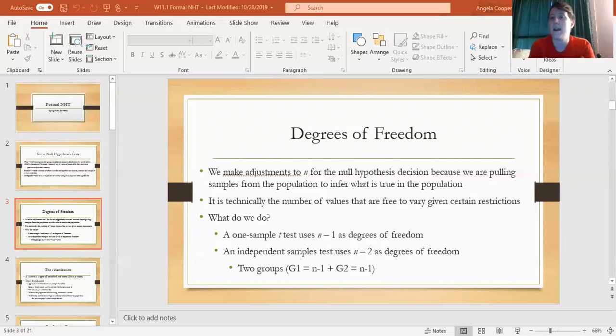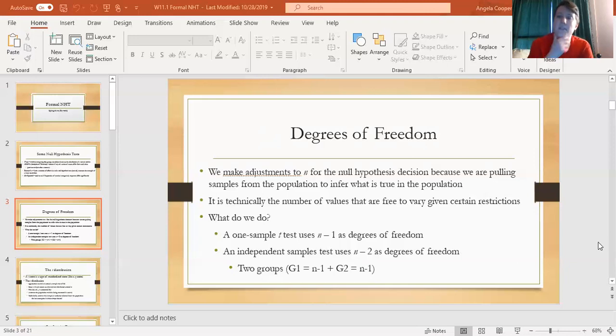So most of the time, if not all the time, we're using degrees of freedom when we're using t-tests and ANOVA. It's essentially just accounting for what we don't know. Again, we're taking samples and we're inferring them to the population. Even when we have a large sample size, if we have a sample size of 100, 200, 1,000, that's still not the entirety of the population in question, especially if we have college students or just men and women.